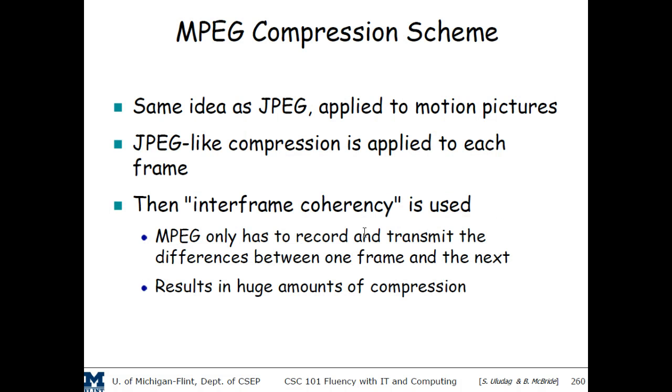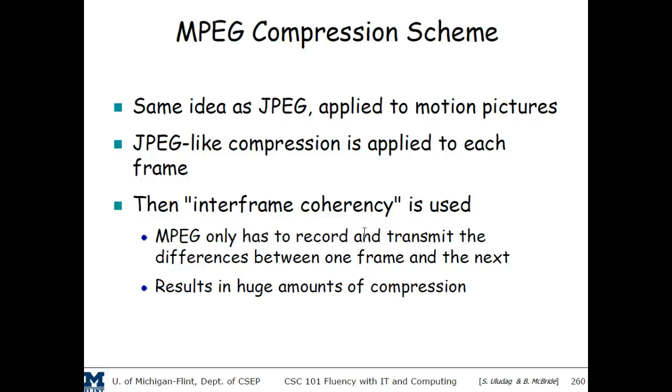The Motion Picture Experts Guild created a similar compression standard called MPEG. MPEG 2 is the current de facto standard. This is a lossy compression algorithm which uses a combination of JPEG-like compression as well as interframe coherency.